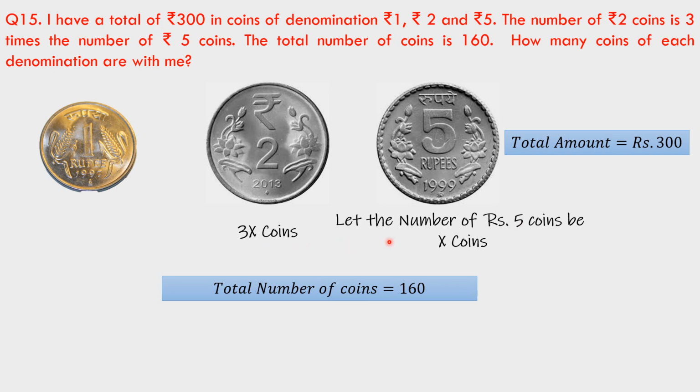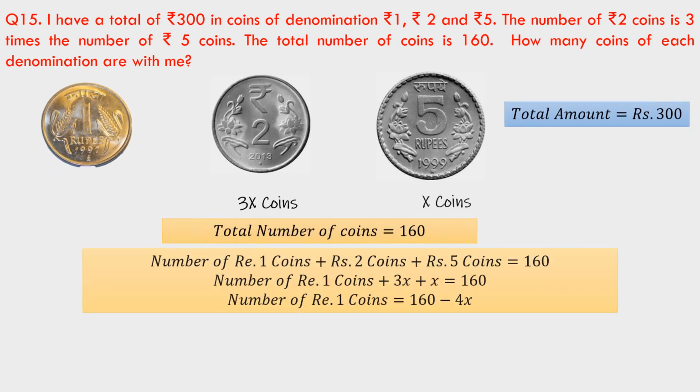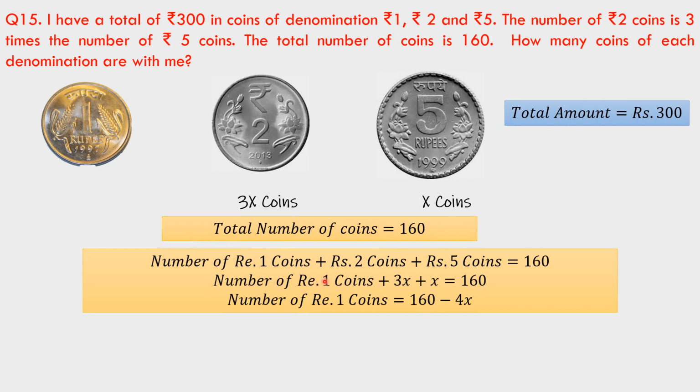So, let the number of rupees 5 coins be x. Then, the number of rupees 2 coins equals 3 into the number of rupees 5 coins, which equals 3x. Also, the total number of coins is 160, given in the question. Therefore, the number of rupee 1 coins plus 2 coins plus 5 coins equals 160.